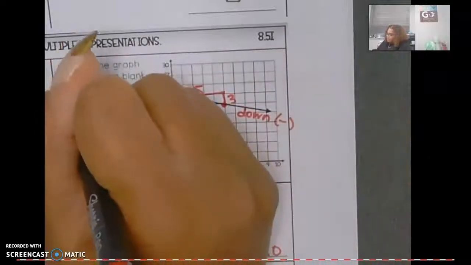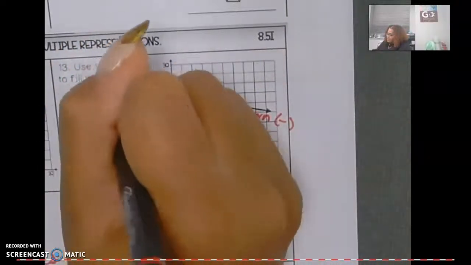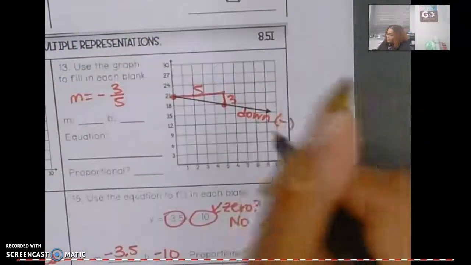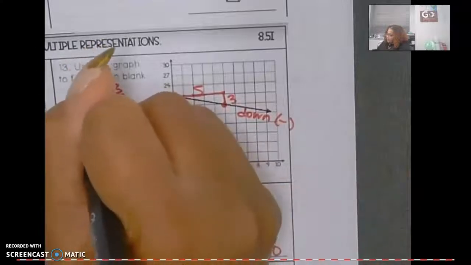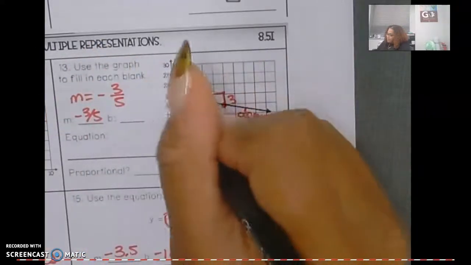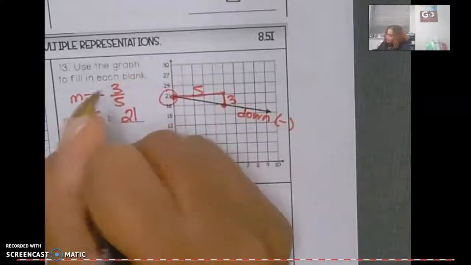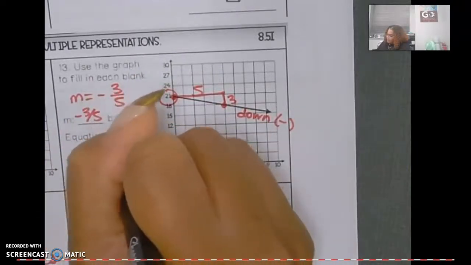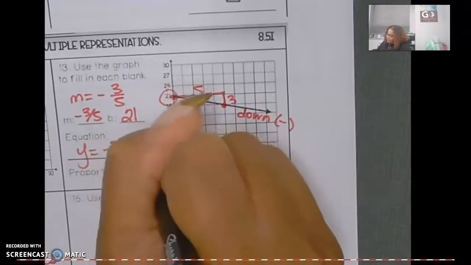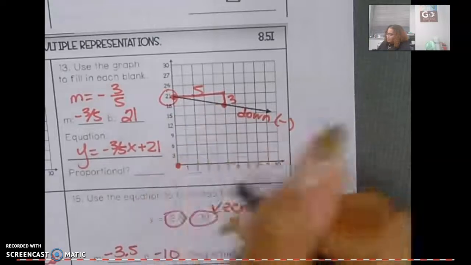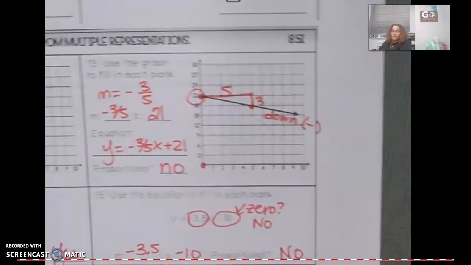This is a rise over run, so this is negative 3 over 5 because it's going down. So negative 3/5. My y-intercept is 21. So y equals negative 3/5 x plus 21. Does it go through the origin? No, therefore it is not proportional.